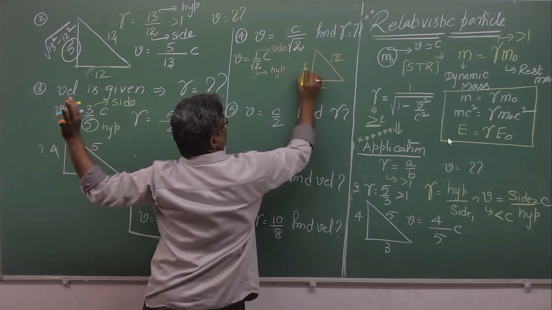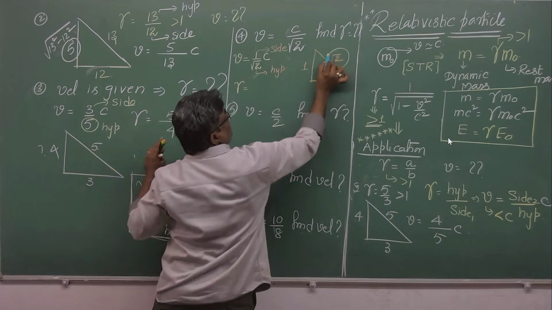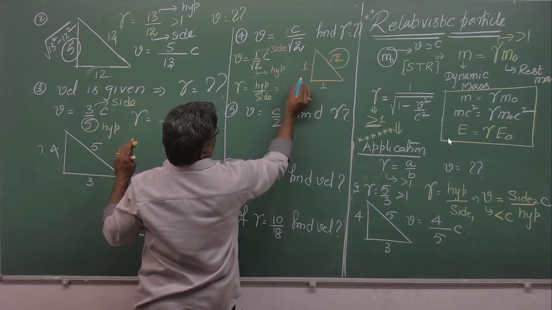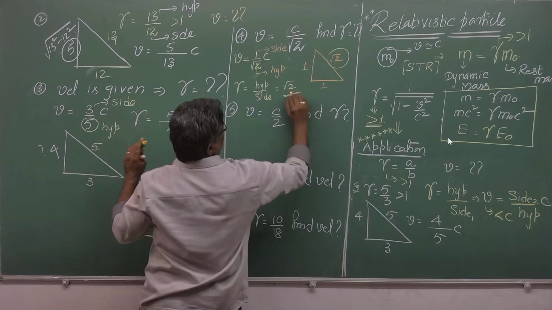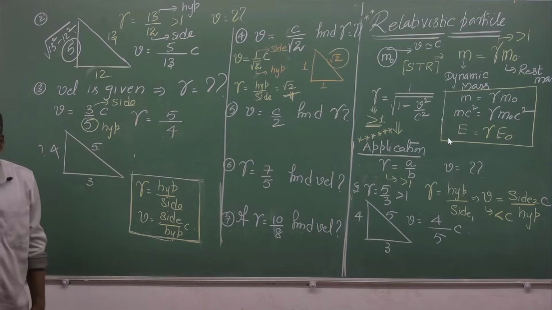Okay, finally 1. That's it. Gamma equal to hypotenuse by other side, of course 1 only. Answer √2. Now do the fifth one fast.